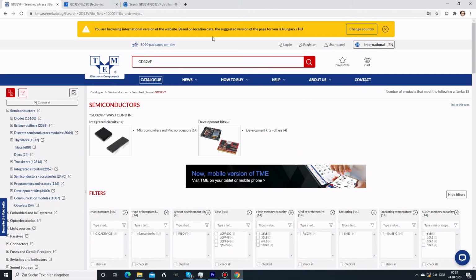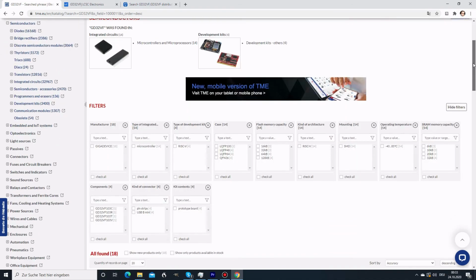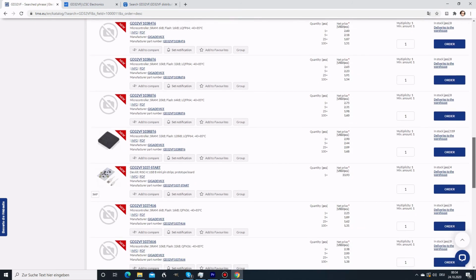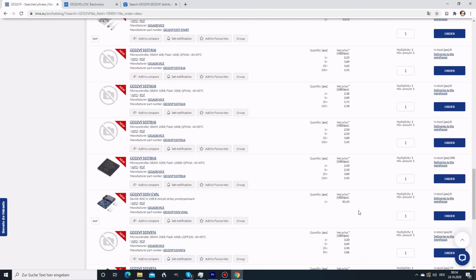Well, as you see here, first of all, we've got TME. They, of course, are focused on Europe, but I really can only tell you the best about it. And you see, they have both the parts and also some of the development kits, as you see here, for example, for $33. And they also have the big one for $81. And as you see, they've got most of the chips, but they are not always in stock because there's quite a bit of interest.